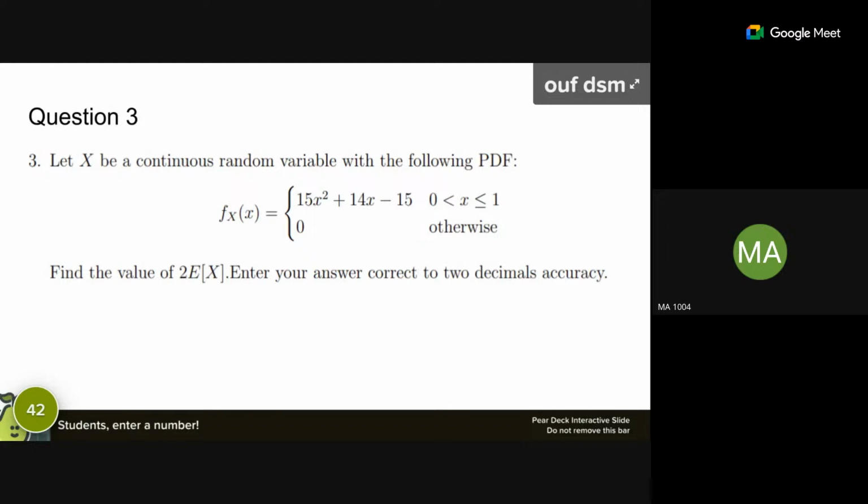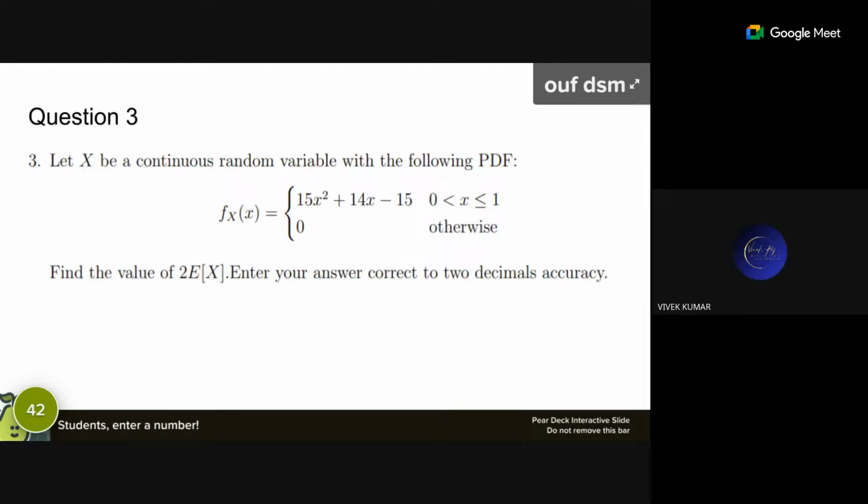Just check it by integrating from 0 to 1. Is it giving integral 1 or not? Ma'am, I got a negative expectation value. Expectation can't be negative. Just check it once again, is there any calculation mistake?